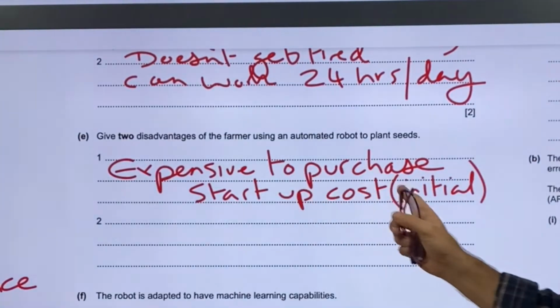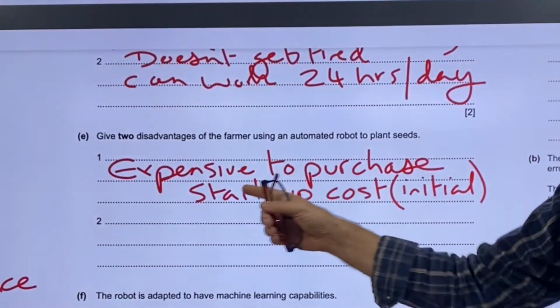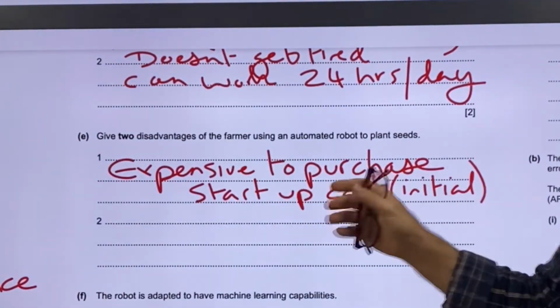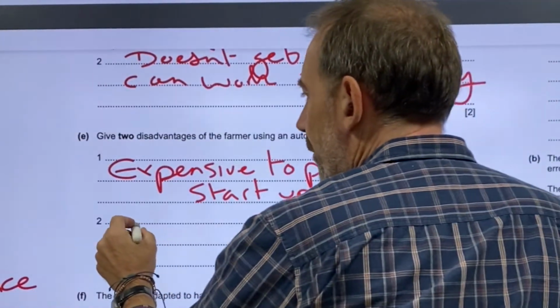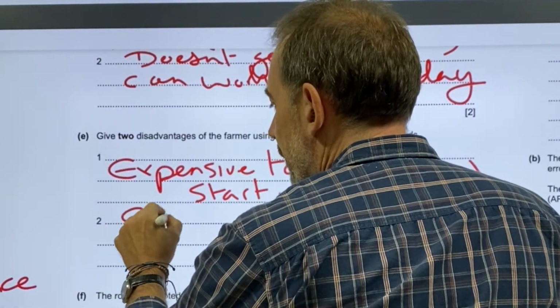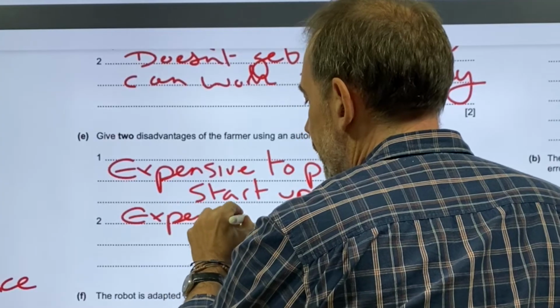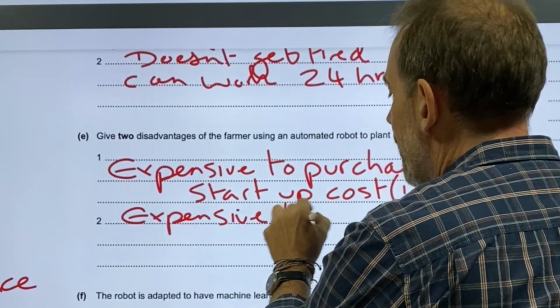Okay, expensive to purchase, startup cost, the initial start cost is expensive. Throw some keywords in, but also expensive to maintain.